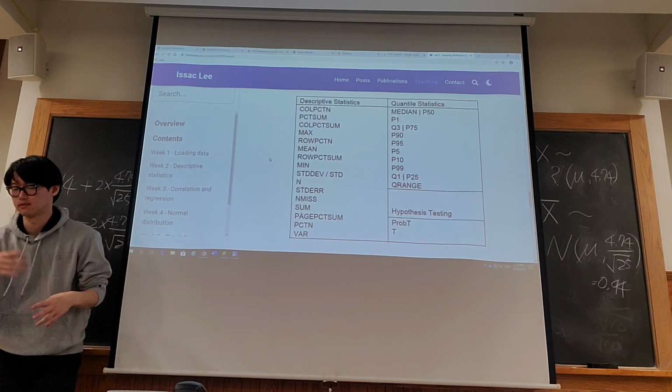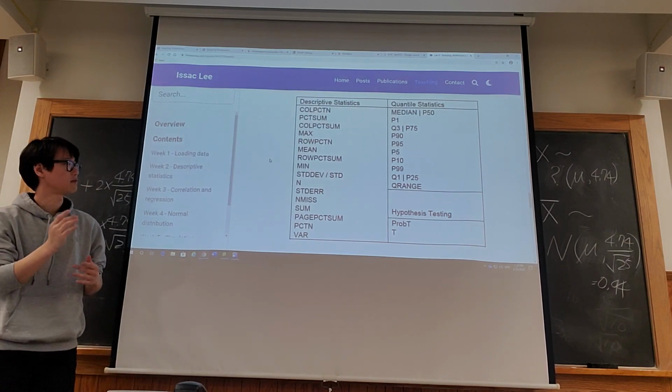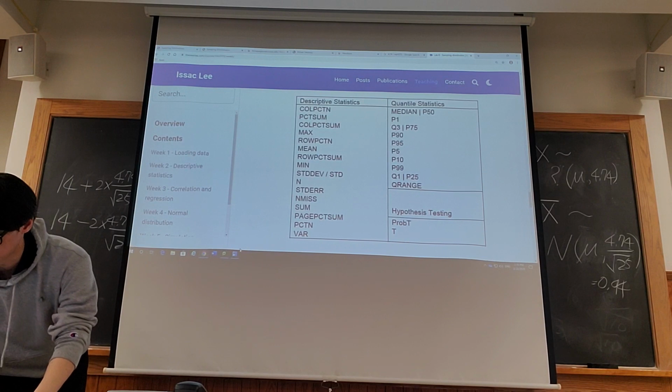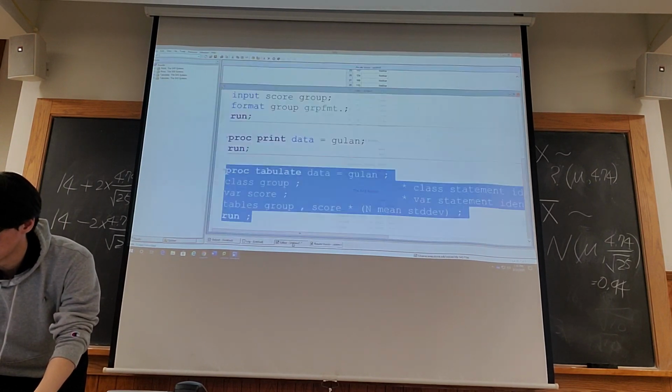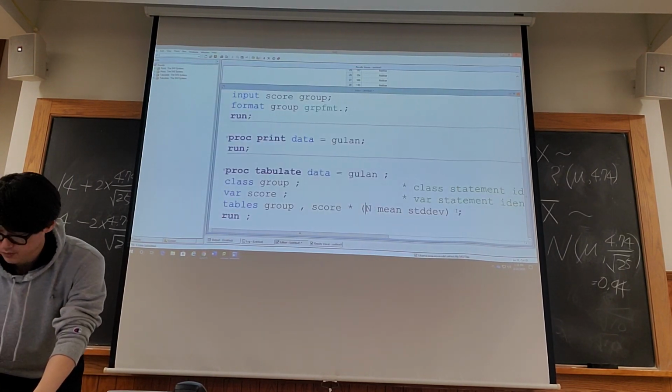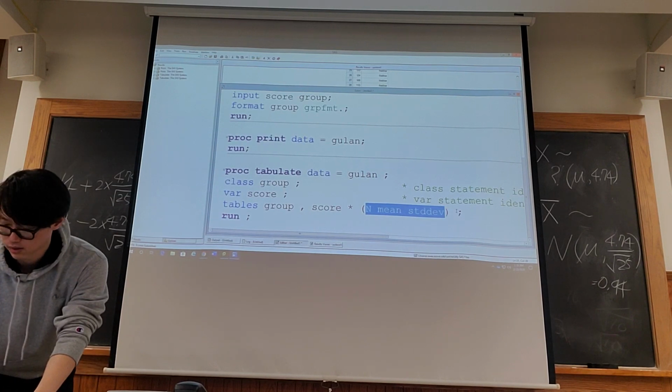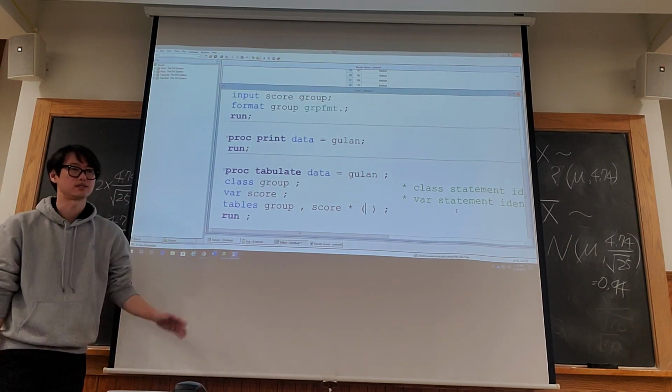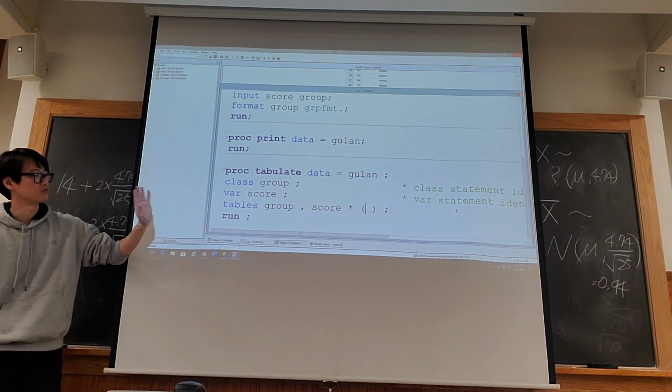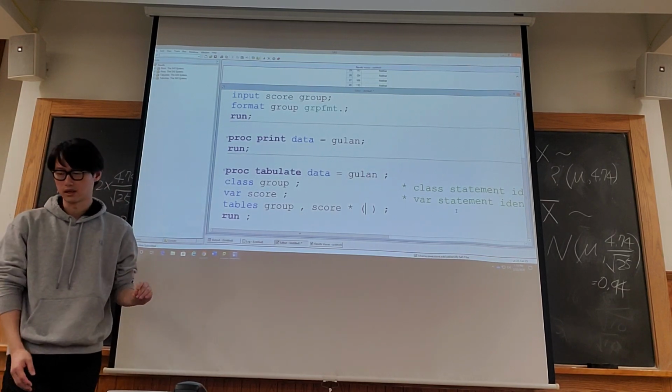Now, since we are running out of time, I'm going to write down my code for doing it. This is the place where I should put the statistics that I need.